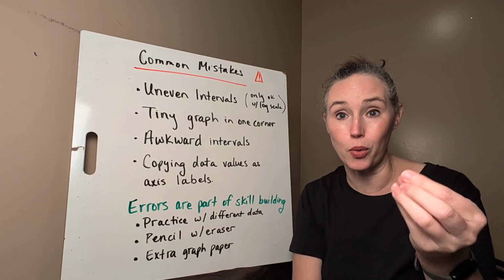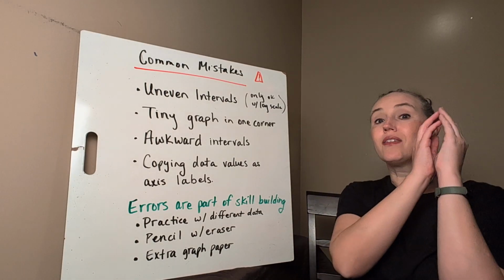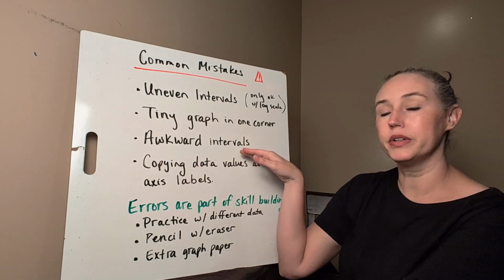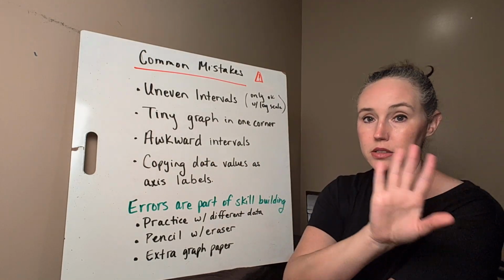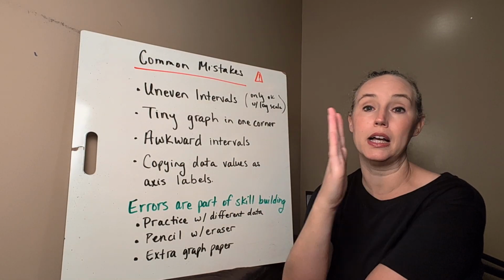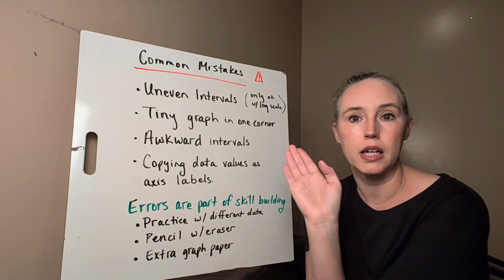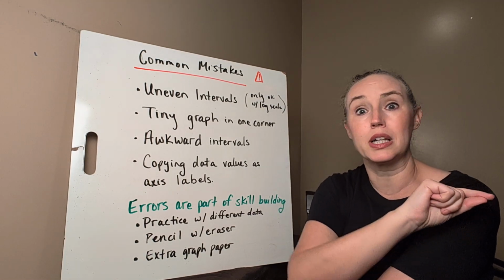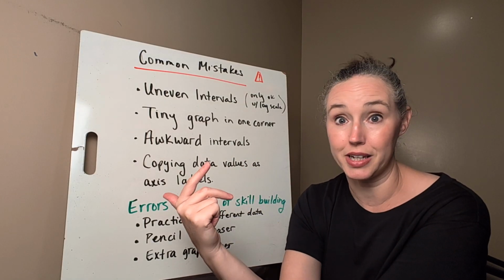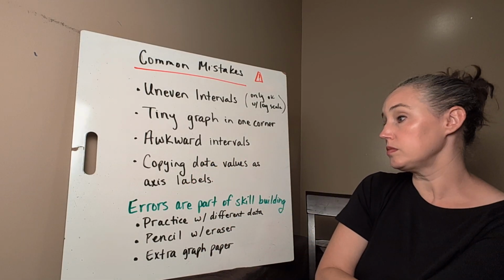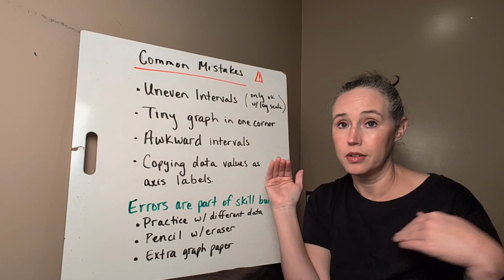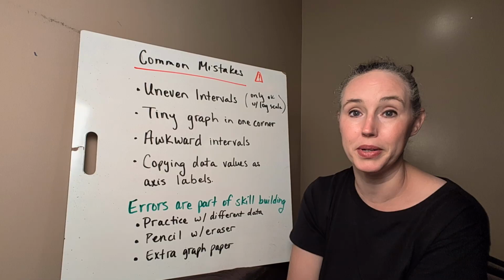You're going to lose points needlessly for having too tiny of a graph that's difficult to read. Having awkward intervals, that's never good. Or just copying the data values as your axis labels. It's going to end up with your graph just looking like a straight line, and that may not be a true representation of your data. Well, sometimes it would be a straight line, depending on which axis, but big picture.